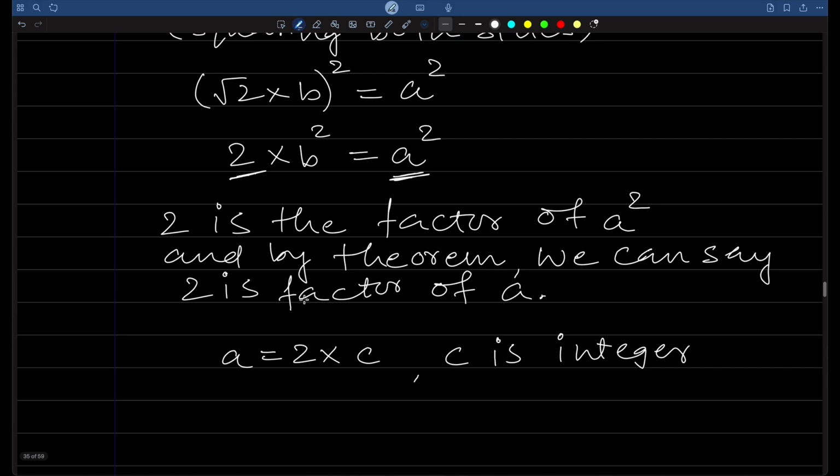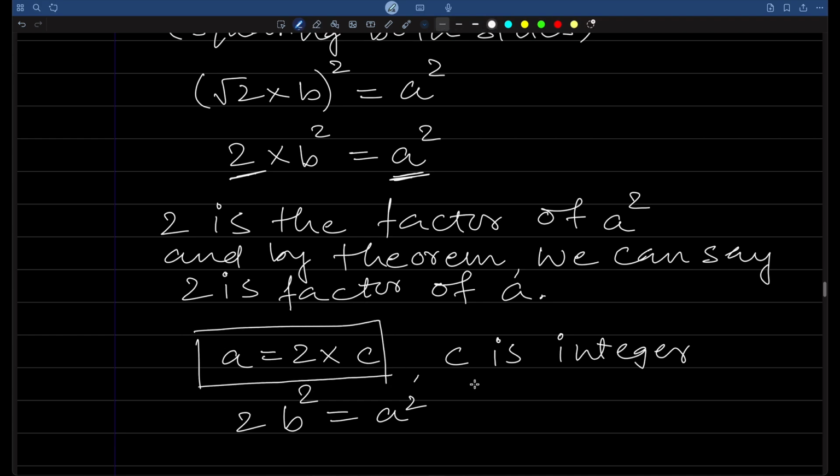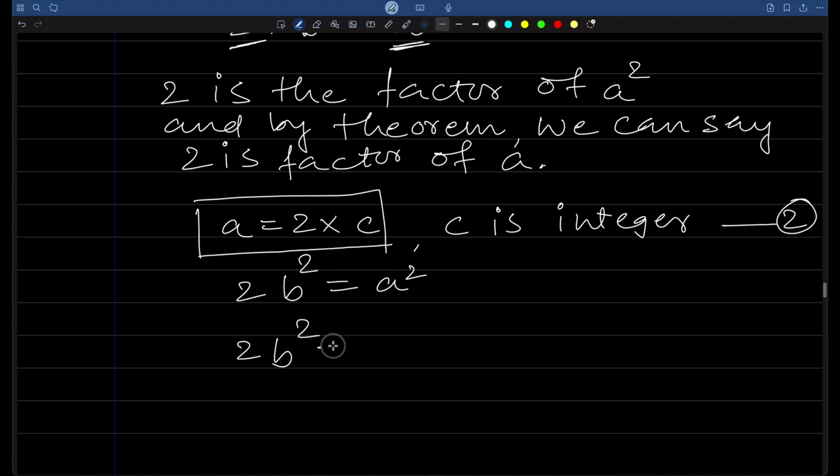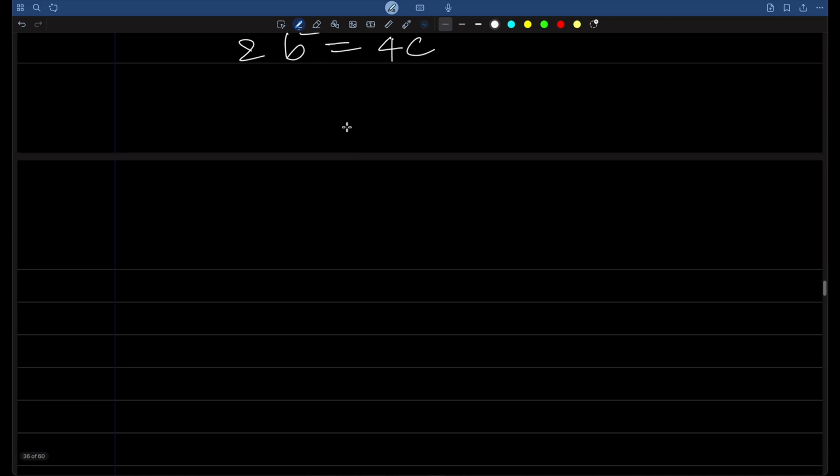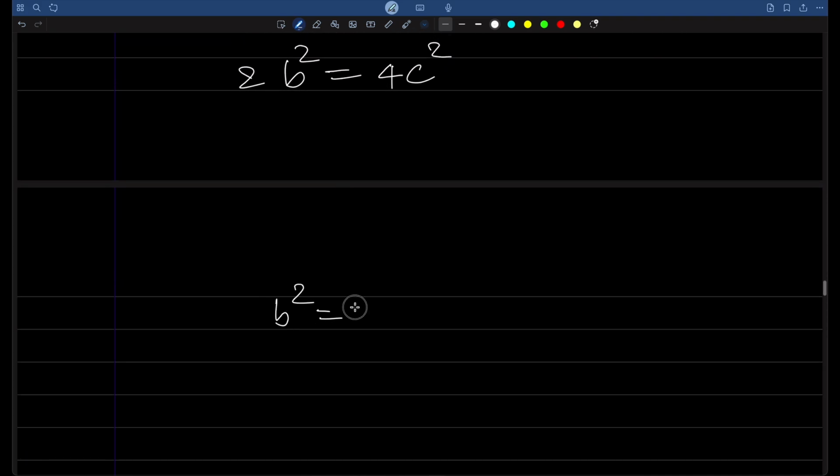Now if I put this into the equation 2b square equals a square, I get 2b square equals 2c whole square. Because 2 square is 4, I will get b square equals 2c square.